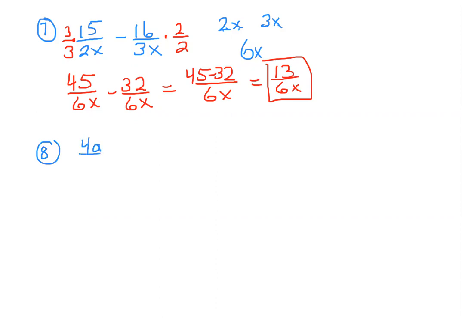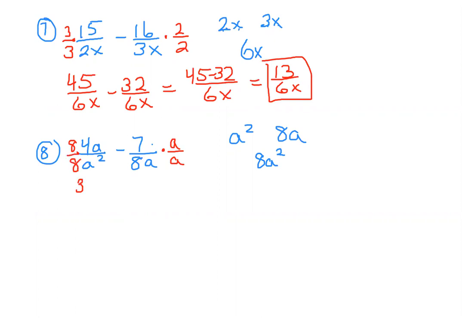4a over a squared minus 7 over 8a. So what's going to be our common denominator between a squared and 8a? That's going to be 8a squared. So we have to multiply this one by a over a, and this one by 8 over 8.